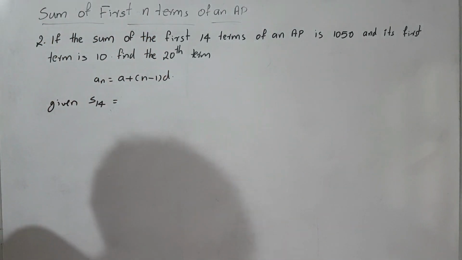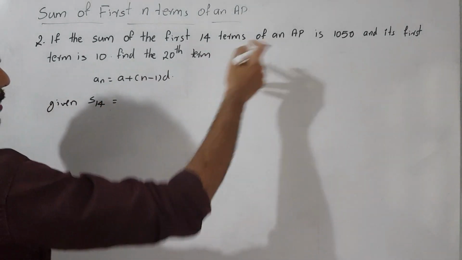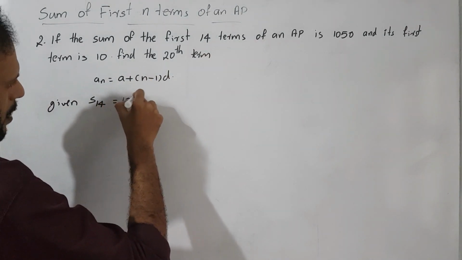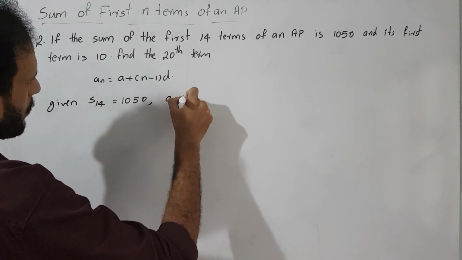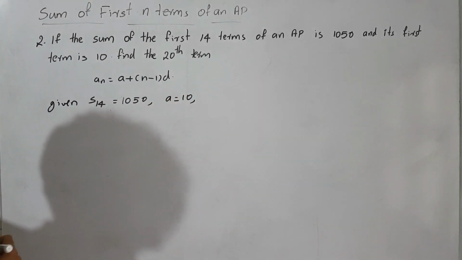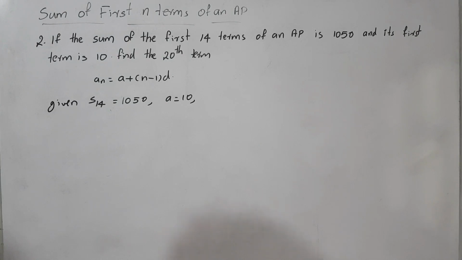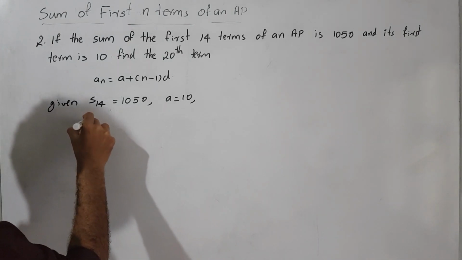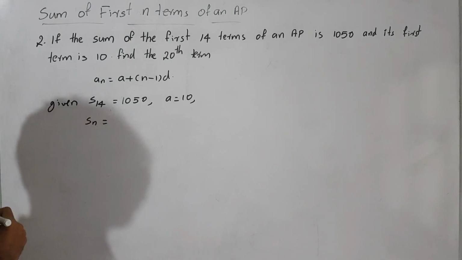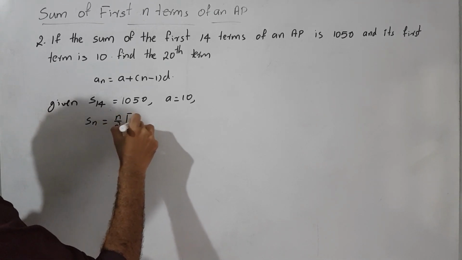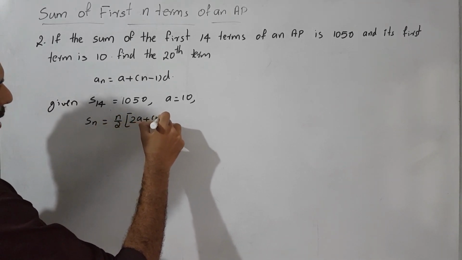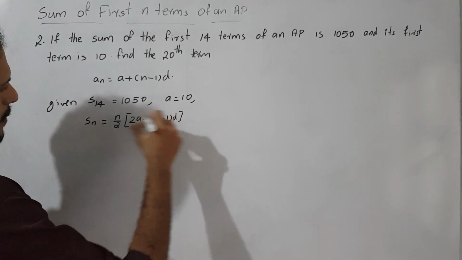Okay, then given S14 is equal to, what is that? 1050. And a is given, a is equal to 10. So we use the equation Sn is equal to n by 2 into 2a plus n minus 1 into d.